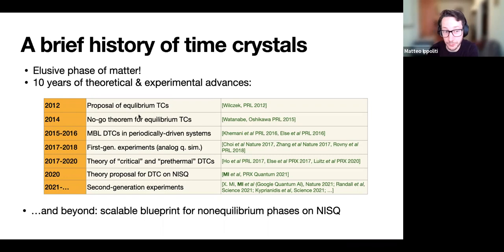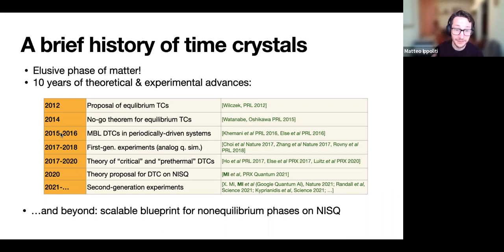And a couple of years later, there was a no-go theorem proven for why this cannot happen under reasonable assumptions in equilibrium. But in 2015, 2016, this idea was actually resurrected in the framework of periodically driven systems by using this idea of eigenstate order that I described earlier.